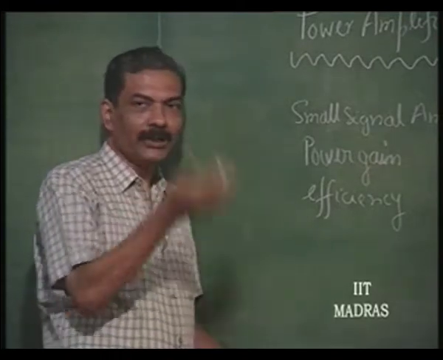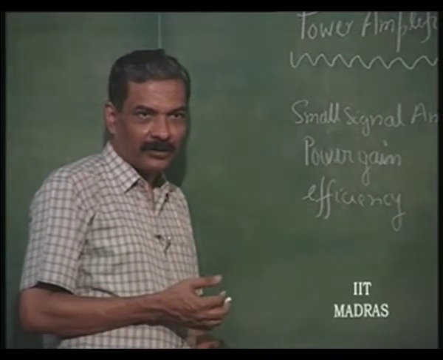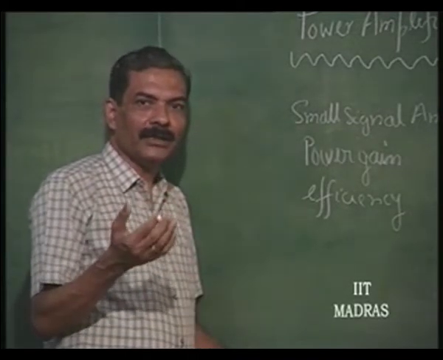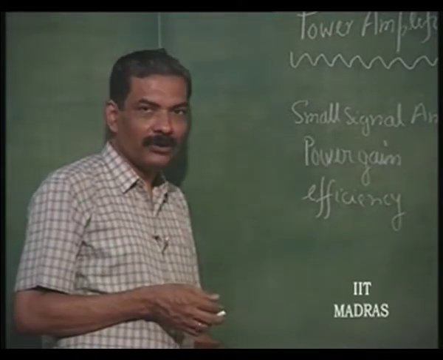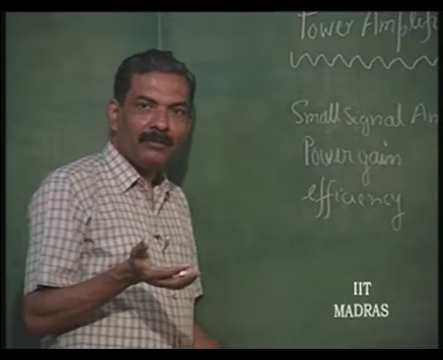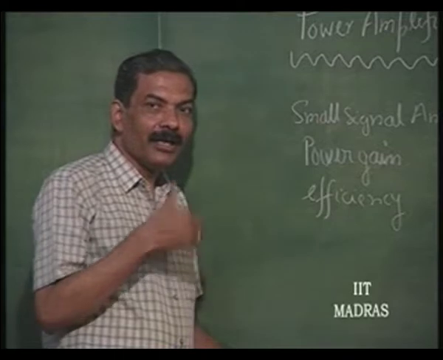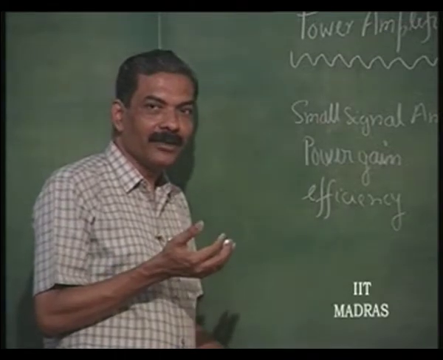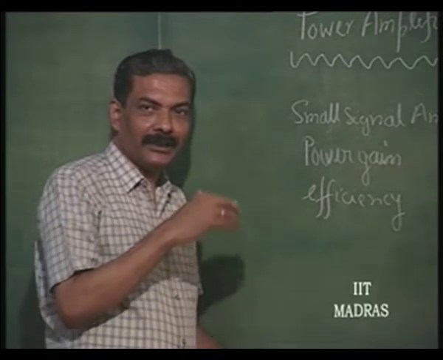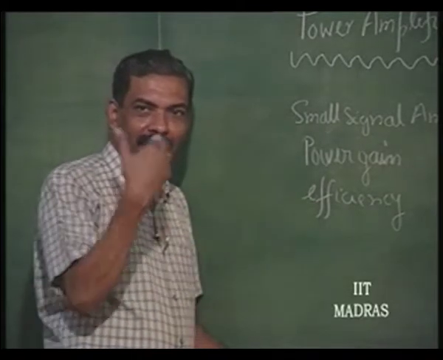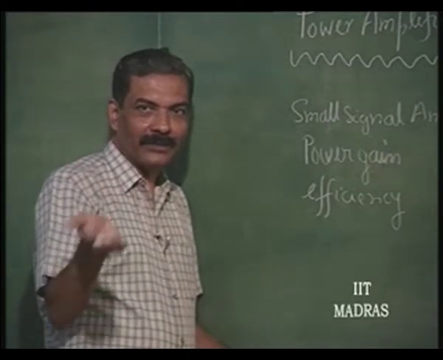Finally, when it comes to driving a loudspeaker, whose resistance level may be of the order of few ohms, and we want watts of power, then we are now going to think of how much power we should input to the amplifier in order to get what power we require, let us say 10 watts or 20 watts.